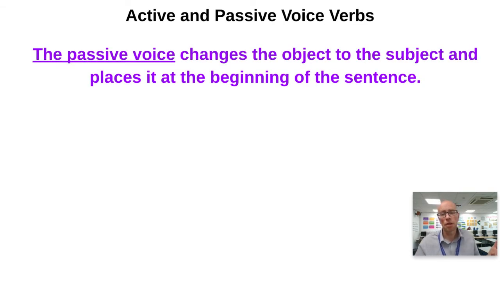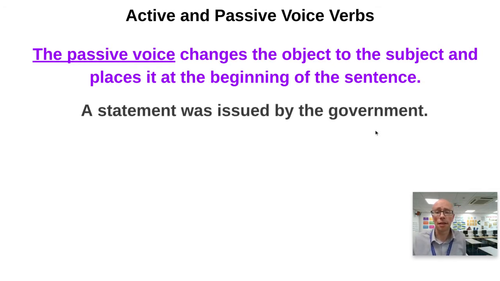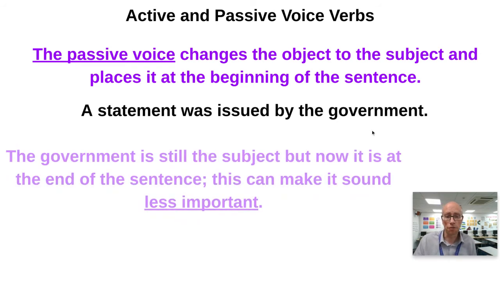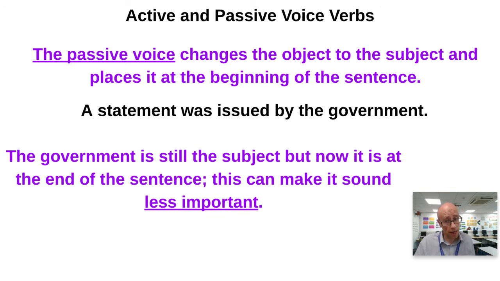So the passive voice changes the object to the subject and places it at the beginning of the sentence. So here we've got a statement was issued by the government. So the government's still the subject, but now it's at the end of the sentence. And because it's at the end of the sentence, this can make it sound less important. You can kind of bury it away at the back end of the sentence.